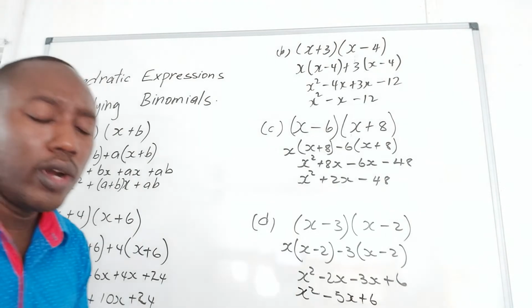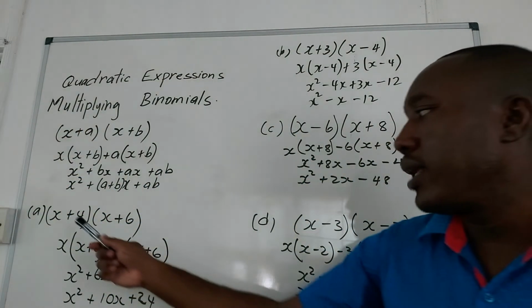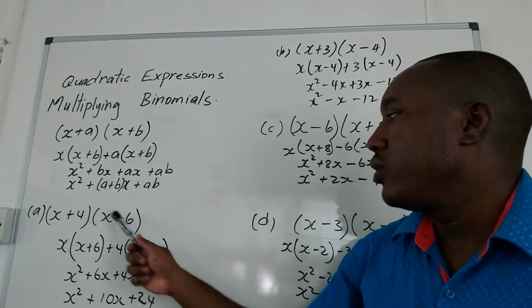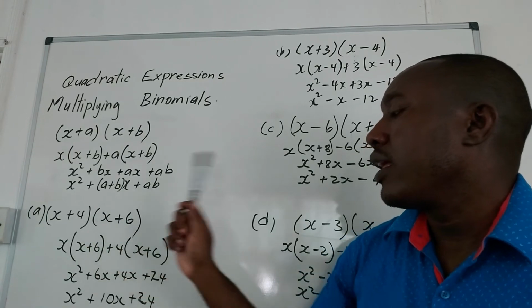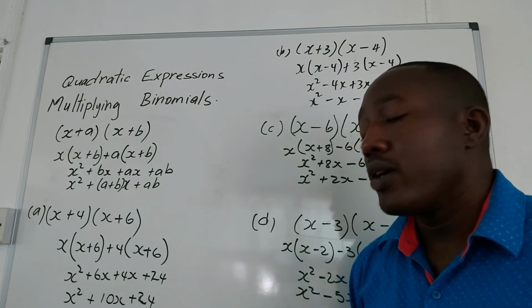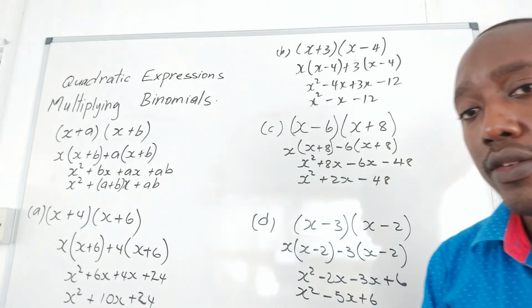Now, what I want us to notice is something. When we multiply and both values in the binomial expressions are positive, B will be positive and C will be positive.